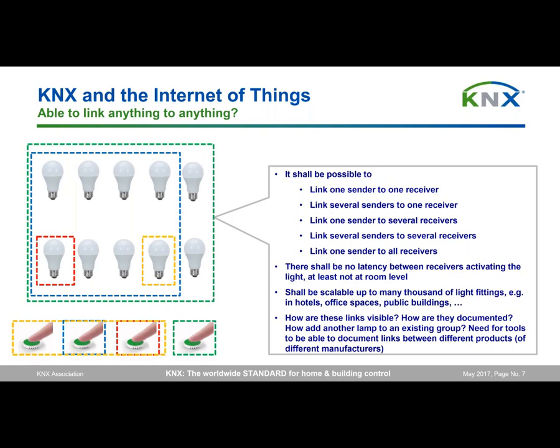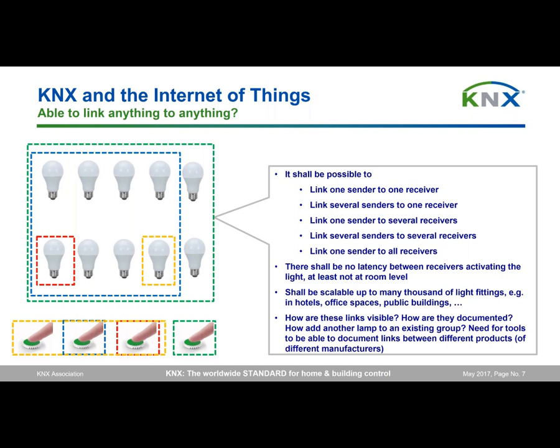So, for instance, if you switch on the light of a big conference hall, the thing that may not happen is that there are delays in switching on the different lights. This would not be appreciated by the users.